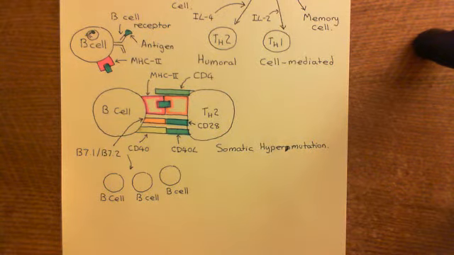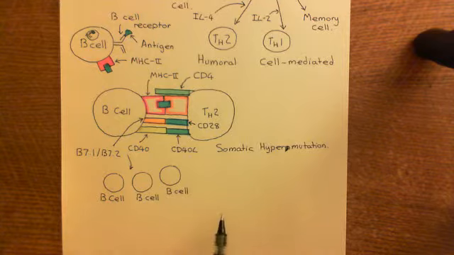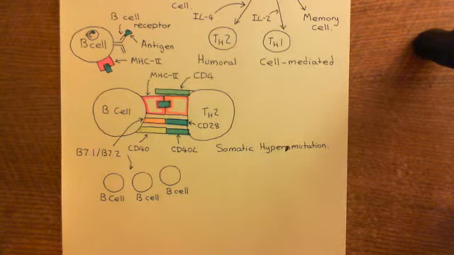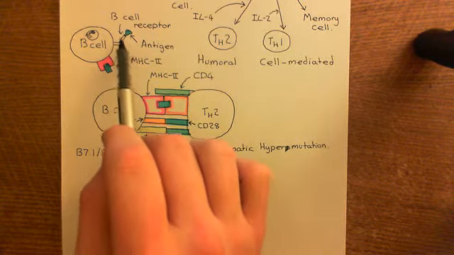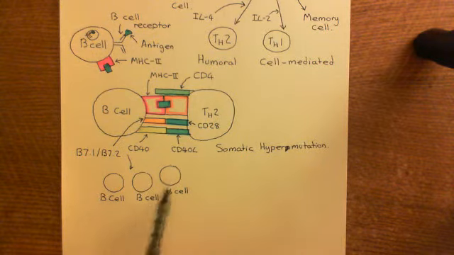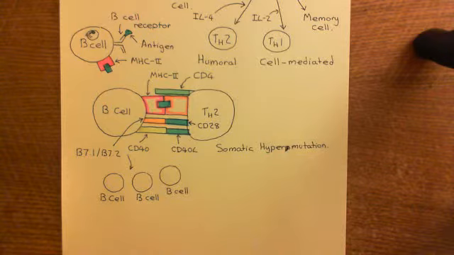When you produce this population of B cells, they're not all going to end up identical. Instead, you're going to introduce a whole bunch of little random mutations into the antigen binding domain of the B cell receptor. So all of them are going to end up with slightly different B cell receptors. They're almost identical, but they're not quite identical.